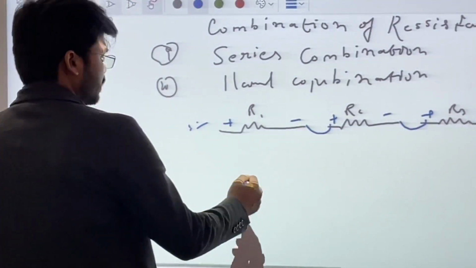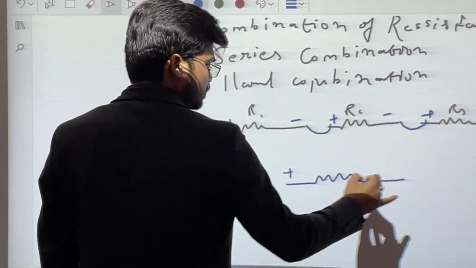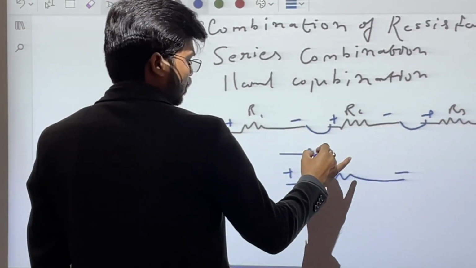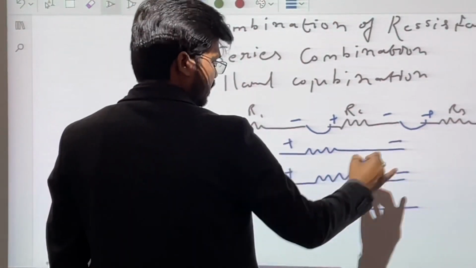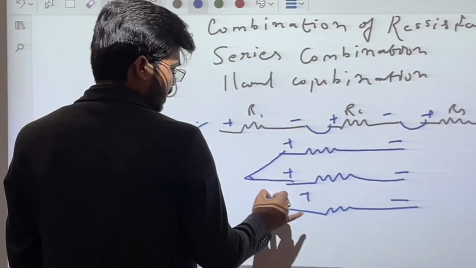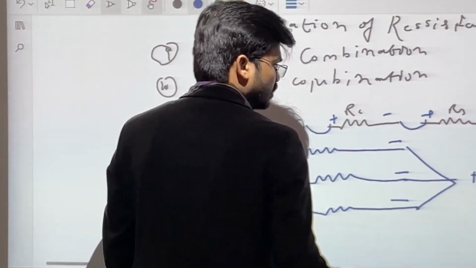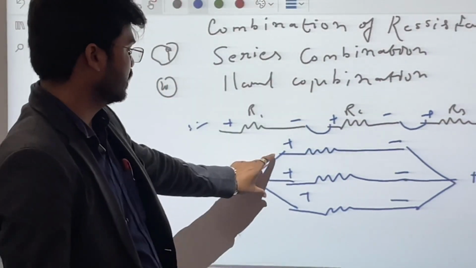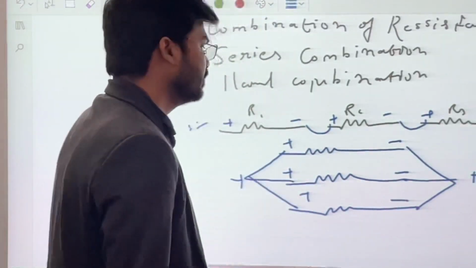And similarly, if we connect positive and negative, positive, negative, positive and negative, with all the resistors having the first end at positive and the second end at negative, so all the terminals at the positive end and all the terminals at the negative end, it is called parallel combination.